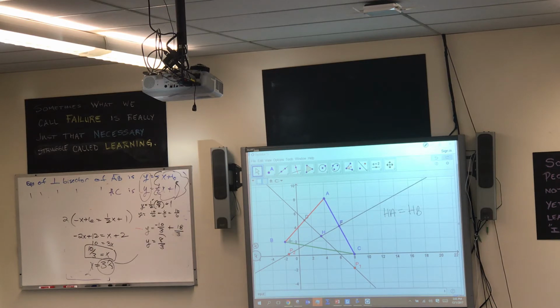Now if I look at P2, no matter where it's at, it is going to be equidistant from A and C, right? Well, what if P2 is right there? What if P2 was H? Would H be the same distance from A as it is from C? So could I say H to A is equal to H to C? Does that make sense, everybody?